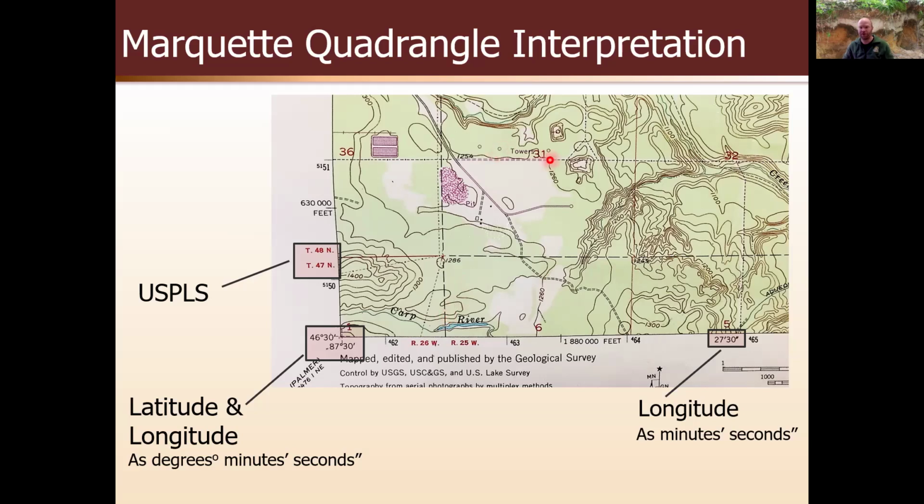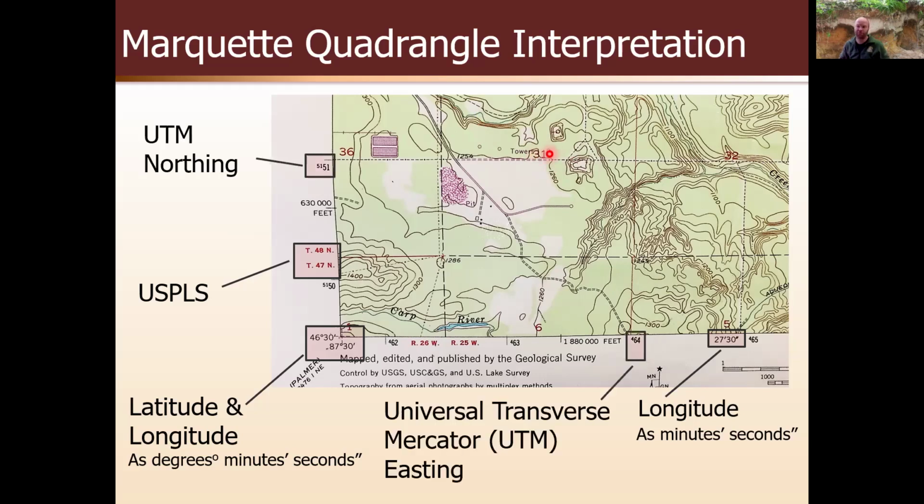And similarly, while this is zoomed in, there's the section numbers. So remember, there's 36 sections within each singular township and range. So here's section 31, for example. Last but not least, another very common grid system is using the Mercator projection. And so this is Universal Transverse Mercator, which is in meters.